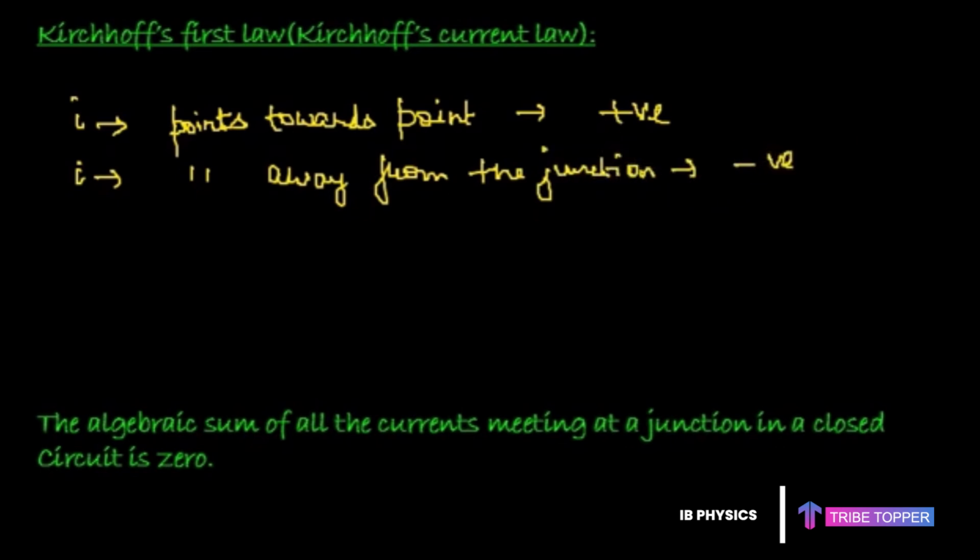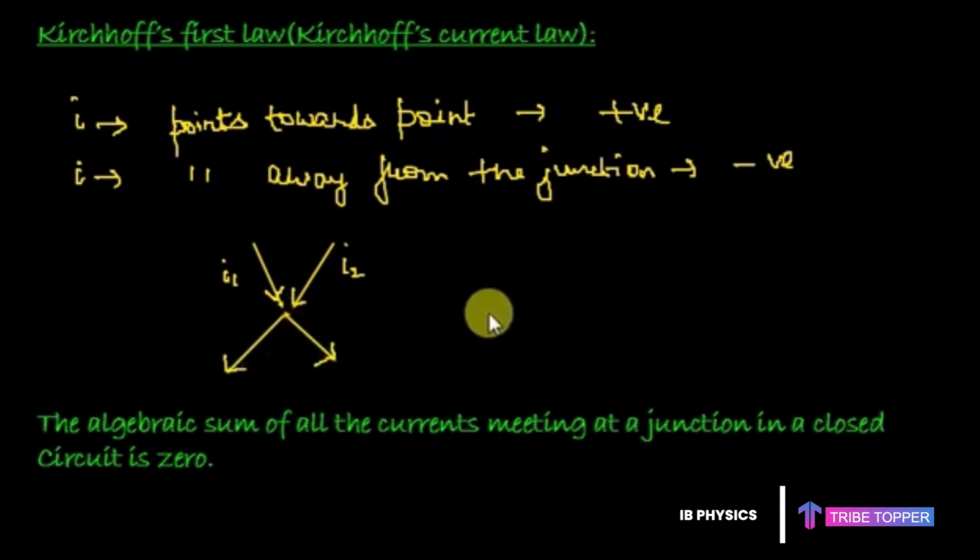Therefore, if this is a circuit, and here is another junction, with two currents entering the junction and two going out, then if I mark this I1, this is positive, I2, this is positive, because they are pointing towards the junction, and these two are pointing away from the junction.